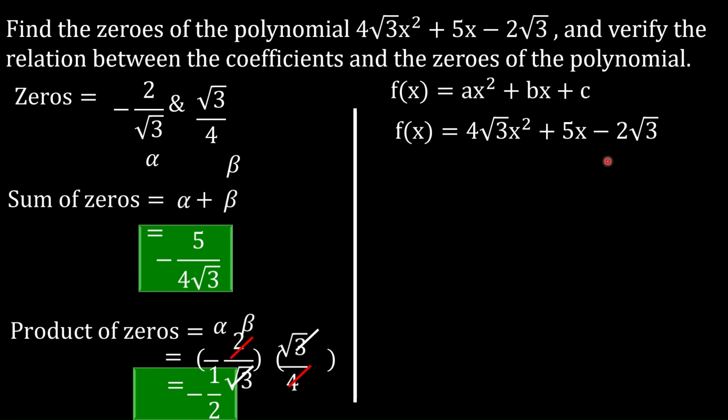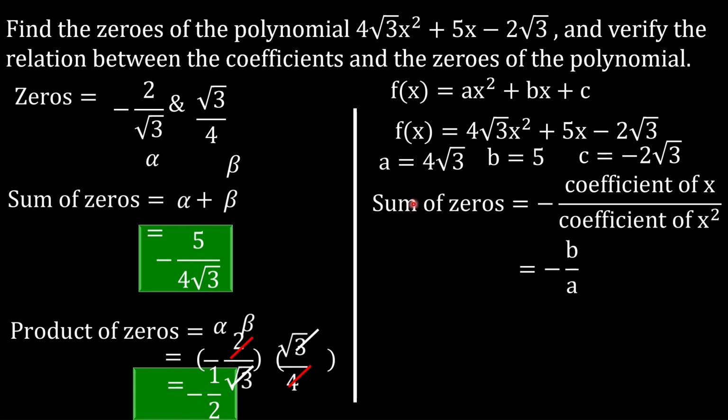Comparing this equation with the general quadratic equation, that is f of x equal to a x square plus b x plus c, we get a, b and c values. a is equal to 4 root 3, b is equal to 5, c is equal to minus 2 root 3. The sum of zeros formula is minus b by a. Substituting these b and a values, we get 5 by 4 root 3. Minus is in the formula, so we get minus 5 by 4 root 3.